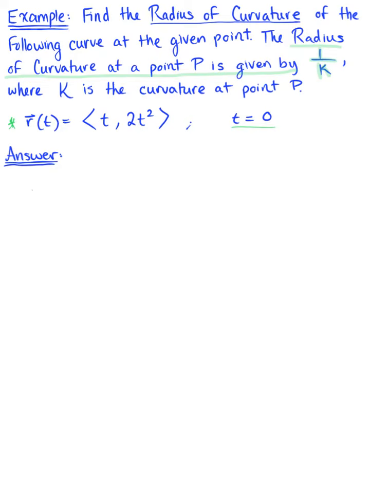So we have two options for curvature here. I'm going to use that second form of our definition. So let's quickly recall that the curvature, kappa, using that alternative definition, is defined as the magnitude of the cross product of the tangent vector with the second derivative.